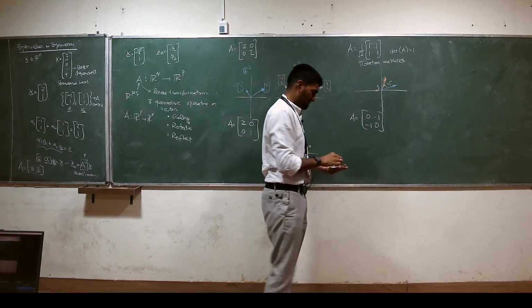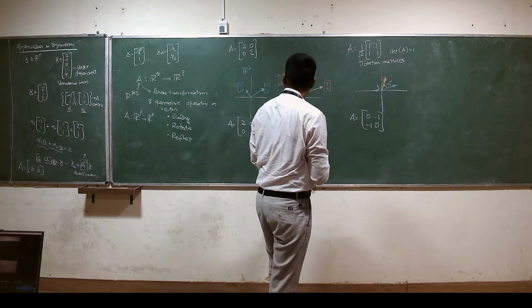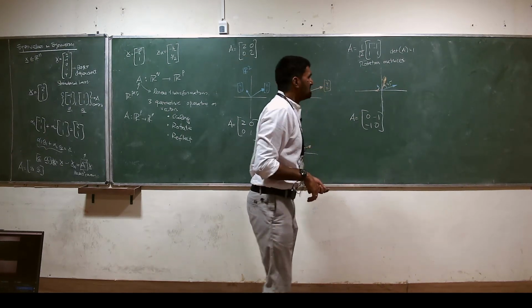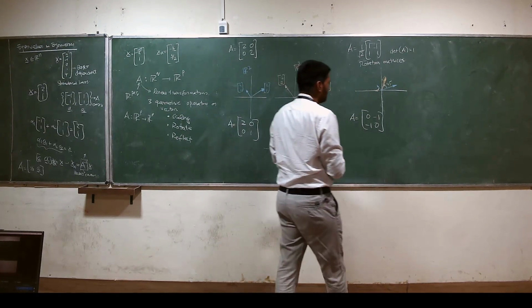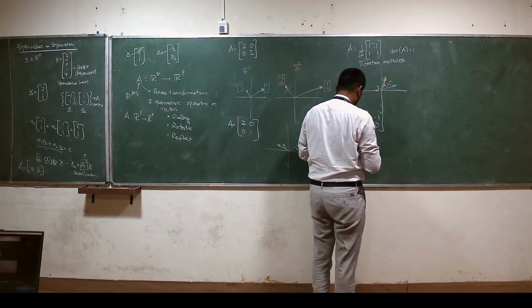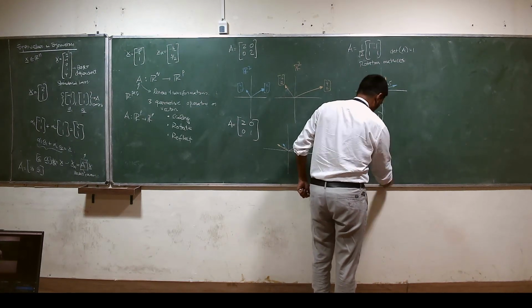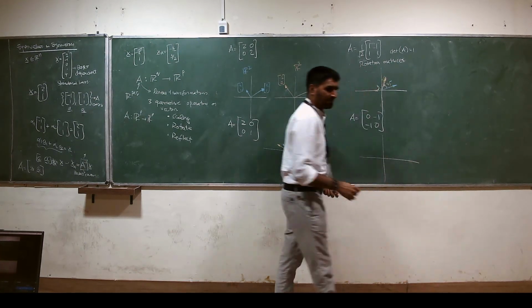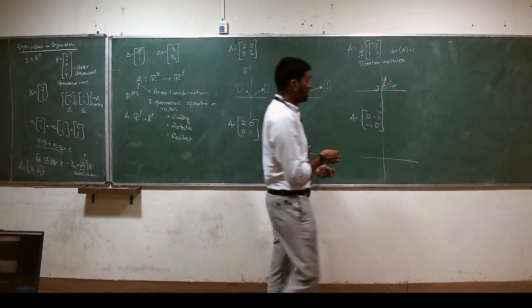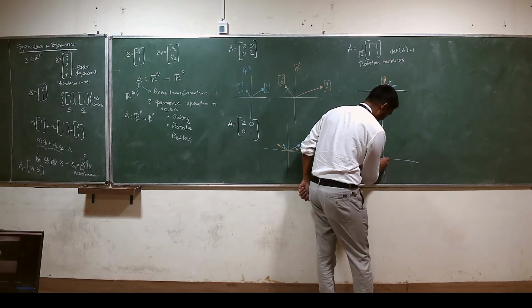What does this do? Again, let's look at these two vectors first. What happens to 2, 1 and 1, -1?